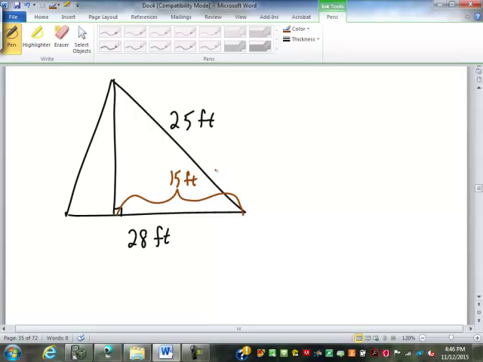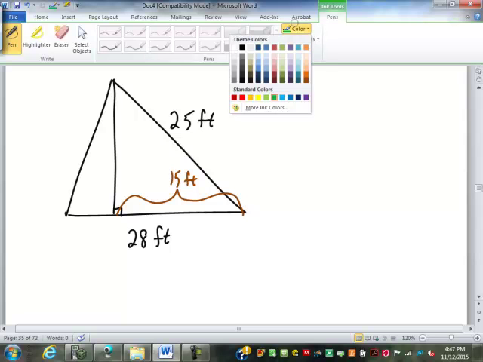Obviously not drawn to scale, but find the area of that triangle. So, what's the first thing we need to find here?